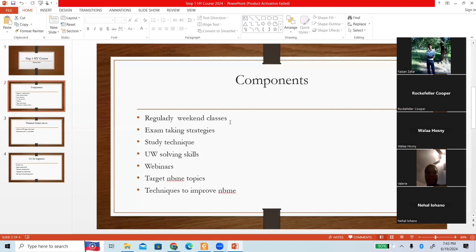The main purpose of these sessions is to discuss the high-yield topics that are highly tested, mainly topics that are repetitively tested in the NBMEs and pre-120s. The last thing is how to improve the NBME.